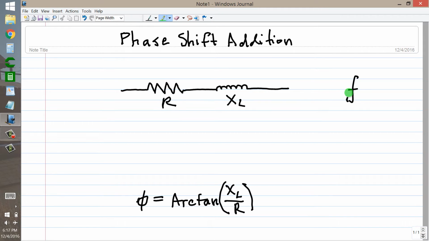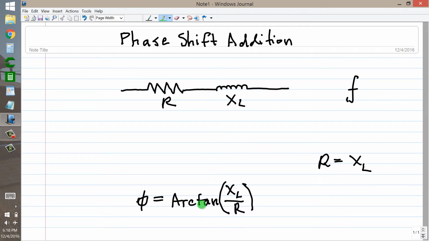Let's just suppose that at a certain frequency we have a coil and a resistor in series such that the inductive reactance is equal to the resistance in terms of ohms. It might be any number of ohms. It really doesn't matter. All that matters is that R equals X sub L, so that when you divide X sub L by R, you get 1.